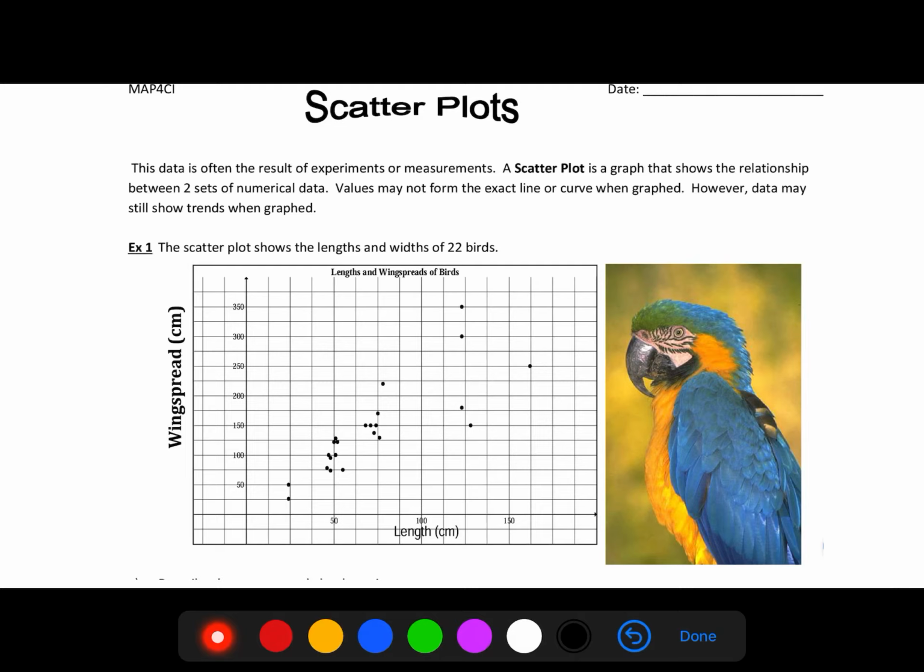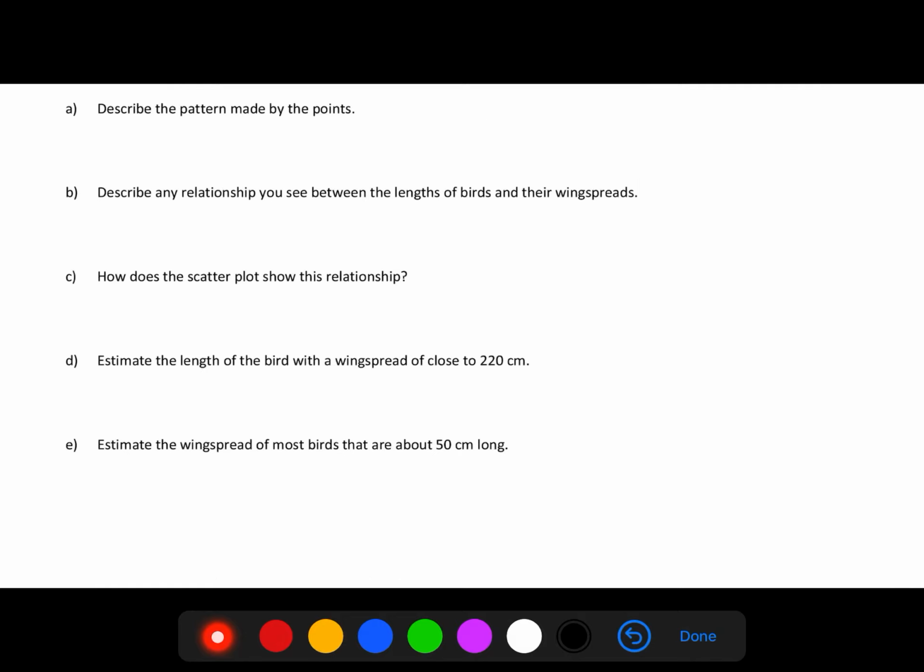As the length of the bird on the x-axis, what happens to the wing spread of the bird on the y-axis? Just generally looking at our data, we notice that our points are rising to the right.